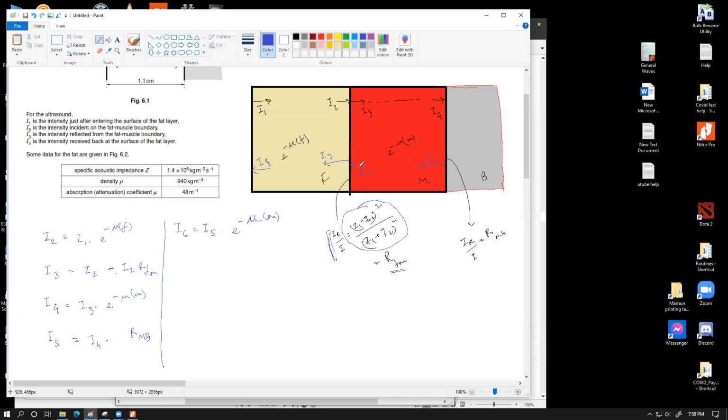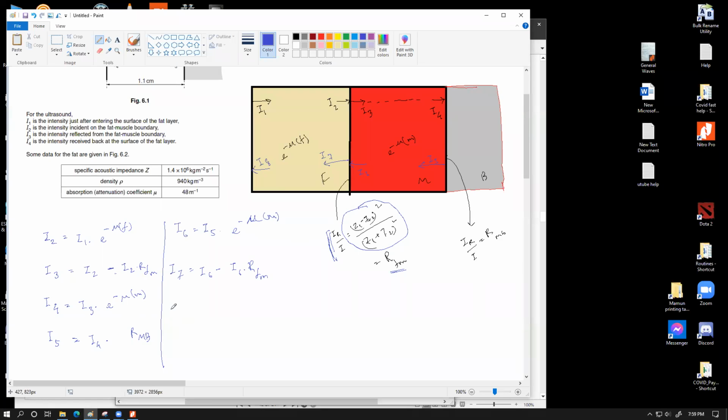So if you compare between I7 and I6, I7 is the transmitted part, not the reflected part. So I can write I7 equals I6 minus I6 multiplied by the reduction factor of this boundary. So this is R into FM, fat muscle boundary reduction factor. So that's the transmitted part.